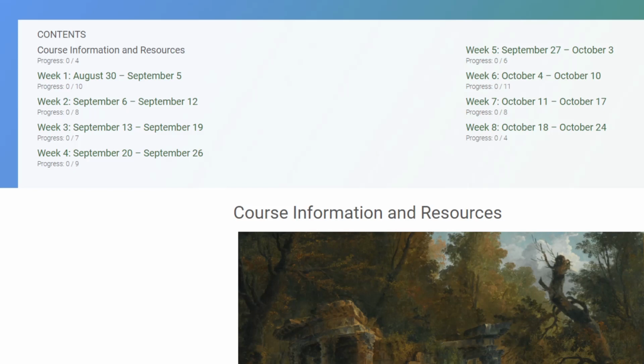There are two places you can go to find the study guide for the final exam. First, you can find it in the Course Information and Resources area of our Moodle page.